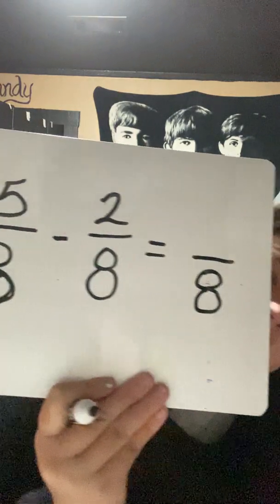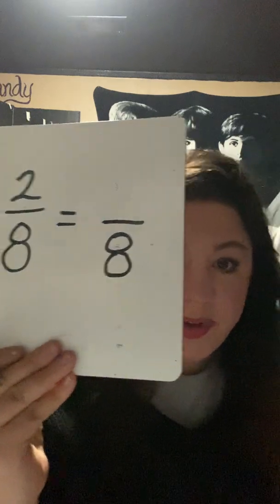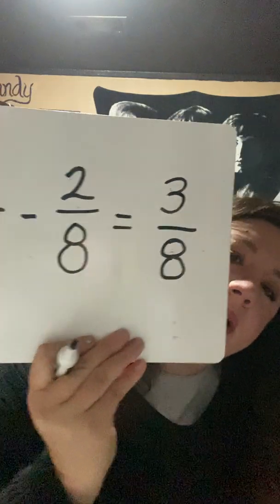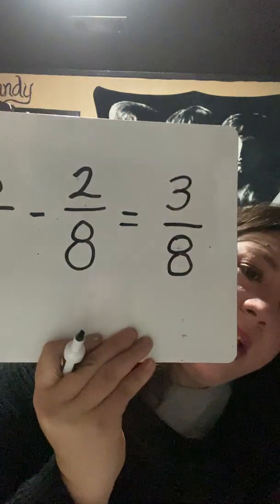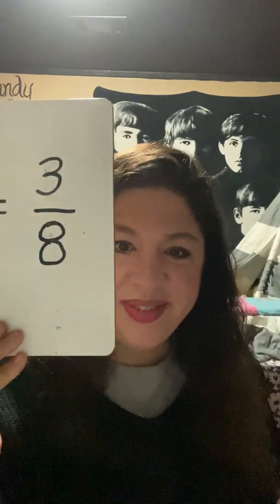But what is 5 minus 2? If you have 5 and you take 2 of them away, you have 3 left. So 5/8 minus 2/8 is 3/8.